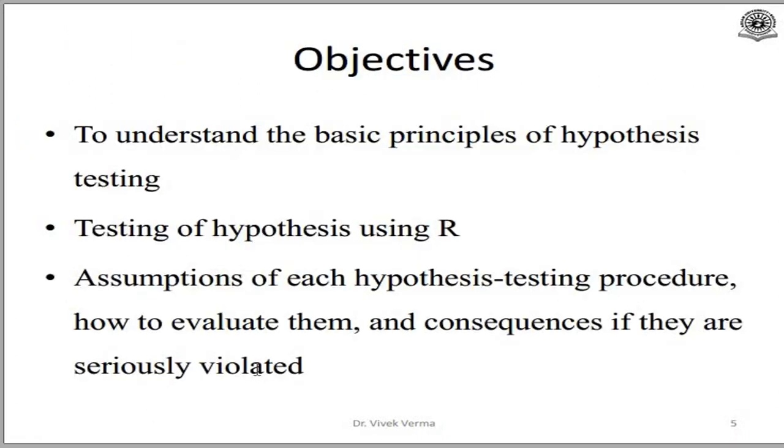Now, what is the objective of today's deliberation? If we want to understand the basic principle of testing of hypothesis, then we should build a realization in terms of understanding our problem. If we are interested in doing the testing of hypothesis using the freely available software R, then how does one proceed? One important component of the entire procedure is how to check the assumptions of each testing procedure if we want to pursue a particular parametric or non-parametric test.